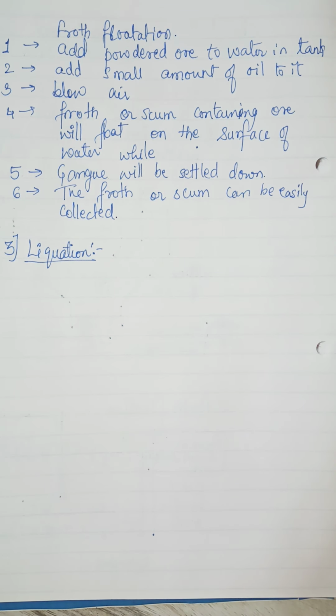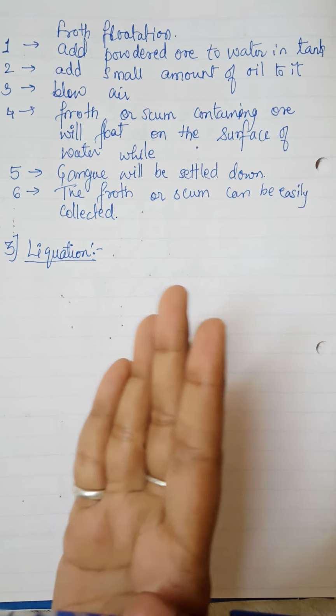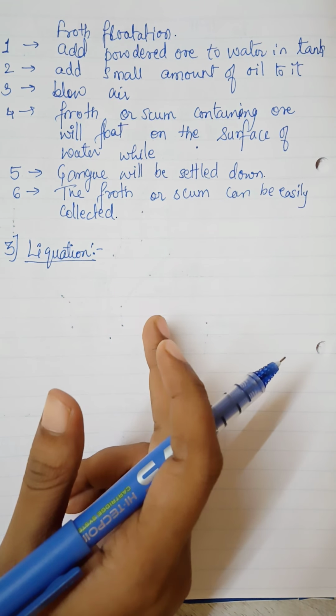What is liquation? Basically, this process is used to concentrate those ores whose melting point is lower than that of the impurities. As we say, ores contain ore and impurities both. If the melting point is lower than the impurities, then we will use liquation.